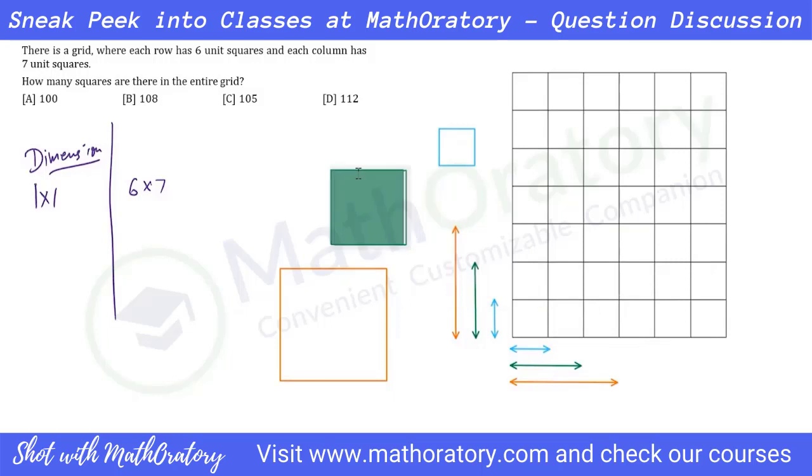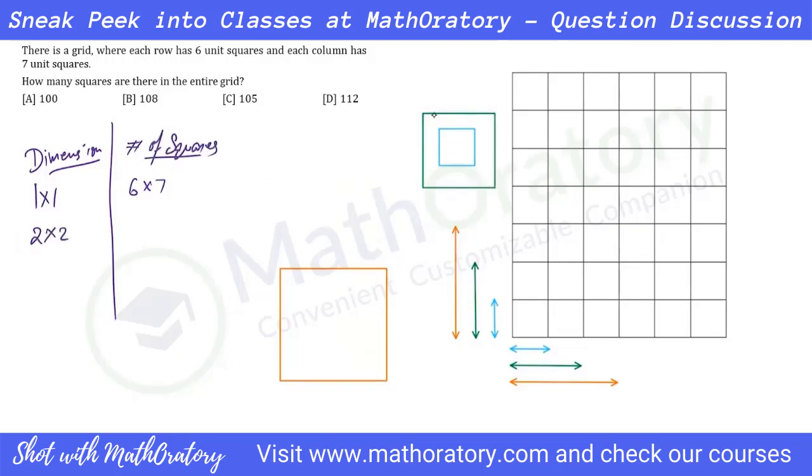So we're getting 5 squares in the row, and similarly in the column, we'll again get one less square because of that increase in the spacing between the horizontal lines. So you'll have one less in each row and one less in each column. So the number of squares of 2 cross 2 unit will be how many? 5 into 6.